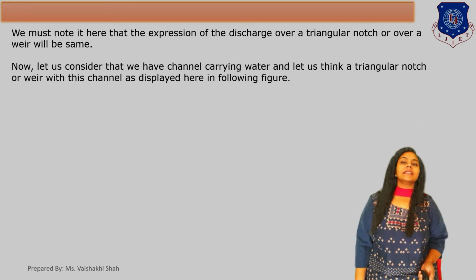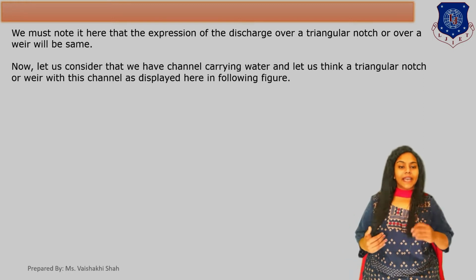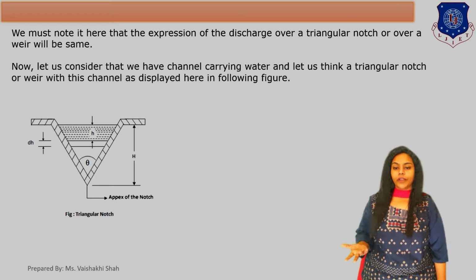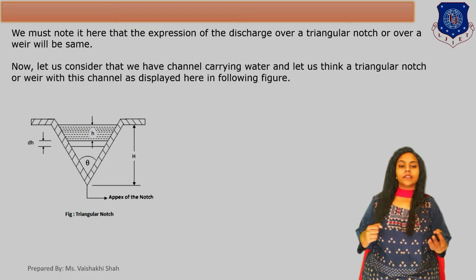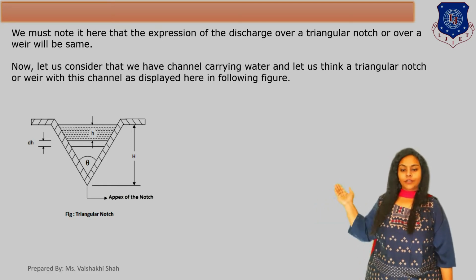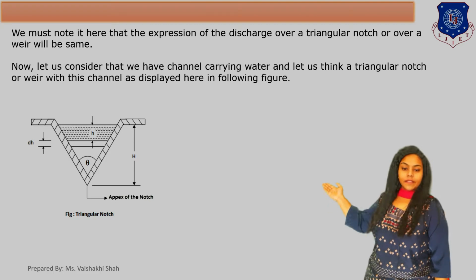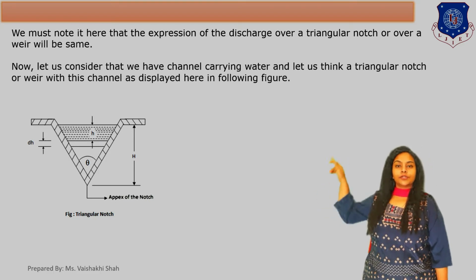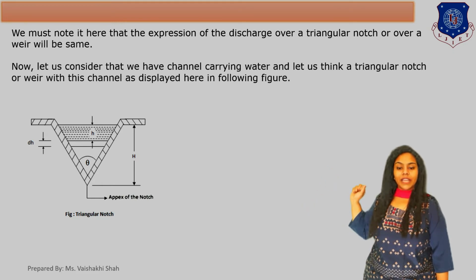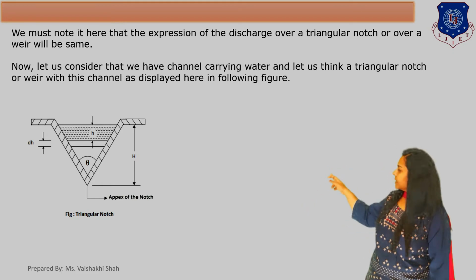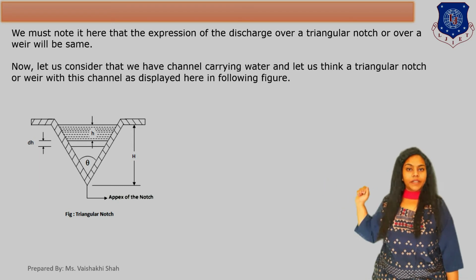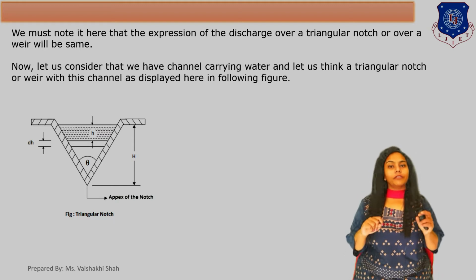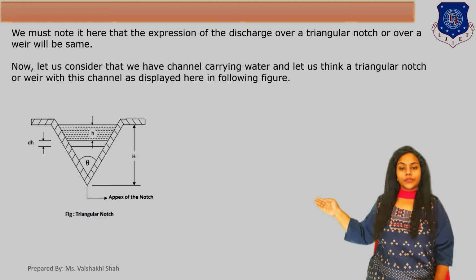Now let us consider a channel carrying water. Let us think of a triangular notch or weir as displayed in this figure. The shape of the notch is triangular. The total height of water in the triangular notch is capital H. The angle of this triangular notch is theta.